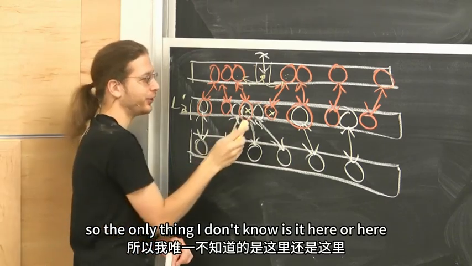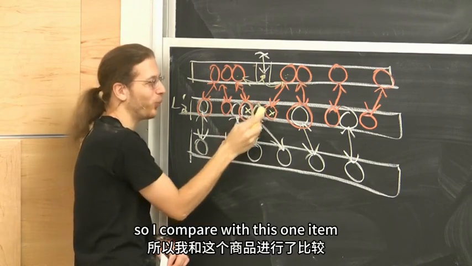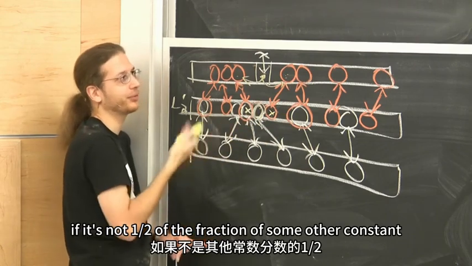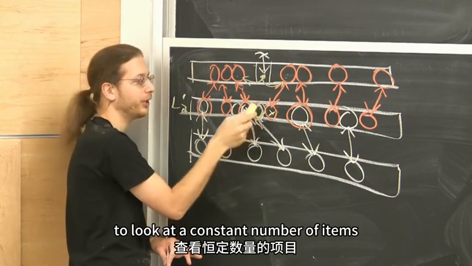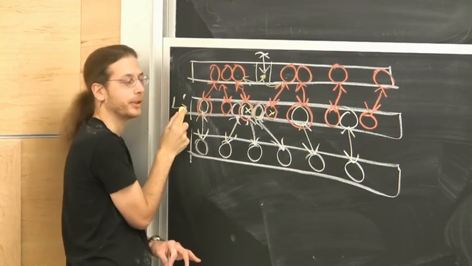So the only thing I don't know is, is it here or here? So I compare with this one item. In general, if the fraction is some other constant, I spend constant time to look at a constant number of items, and figure out where it fits among those items. Now I know where it fits in L2 prime.